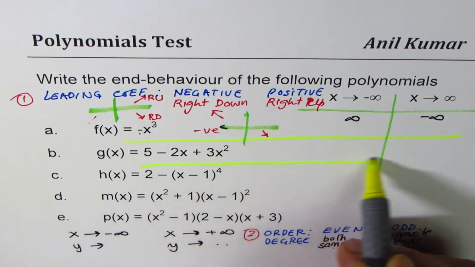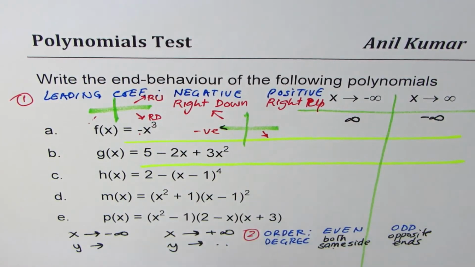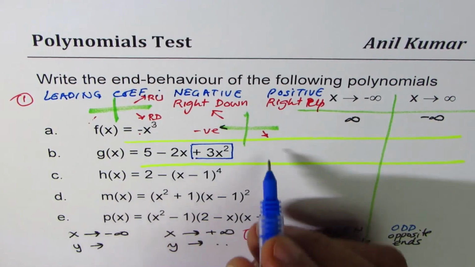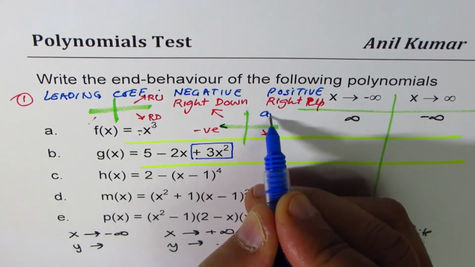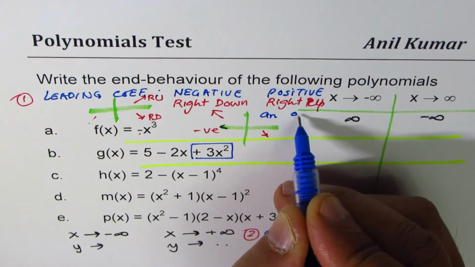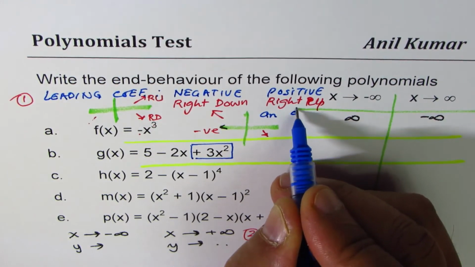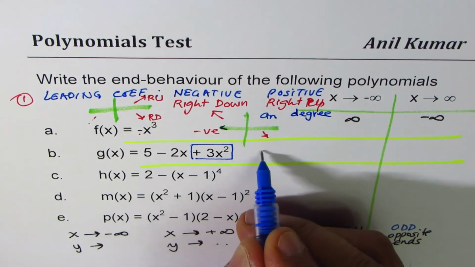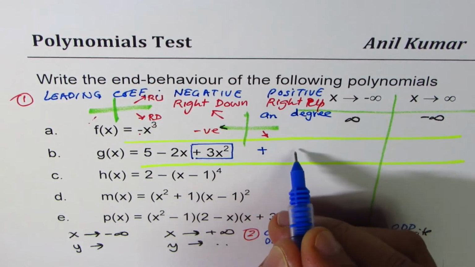Now let's look into the next one. What is the leading coefficient here? That is your leading term. Let me write a_n here, and here we'll write degree. The leading coefficient here is positive and the degree is even.